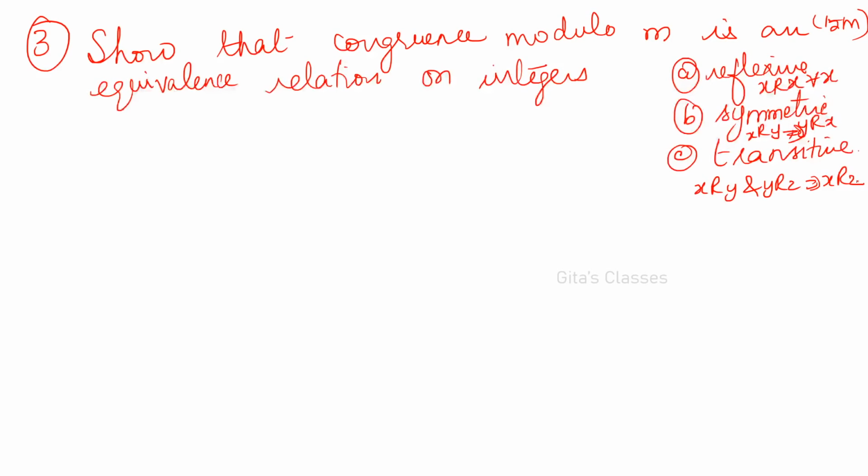All these three conditions we have to prove. So first of all, let me define what is congruence. I will give you the congruence definition. After that we can prove that it is an equivalence relation.